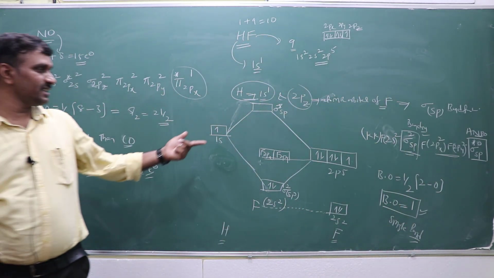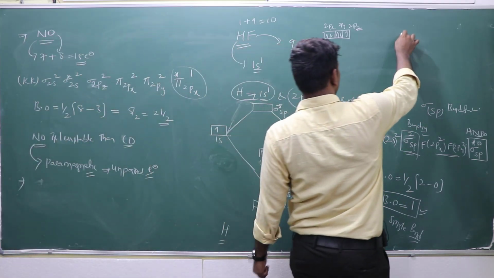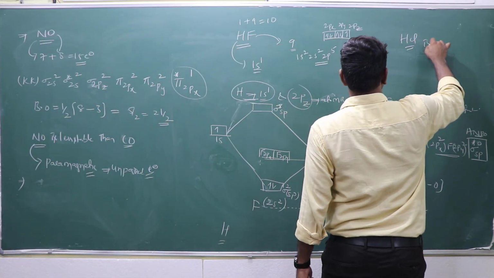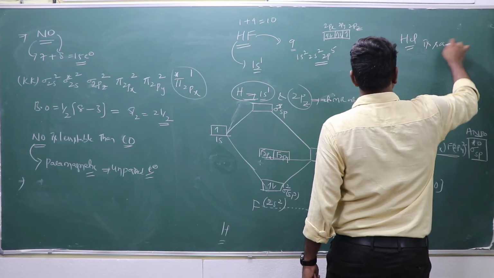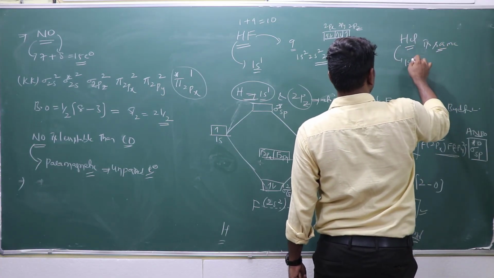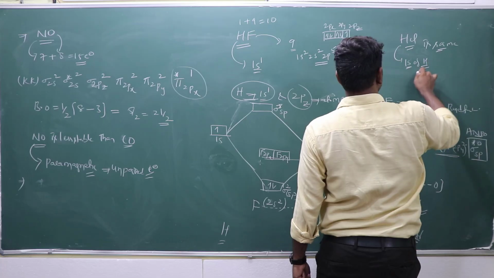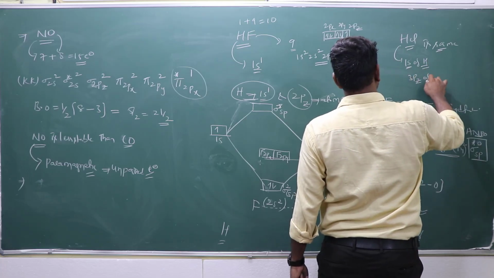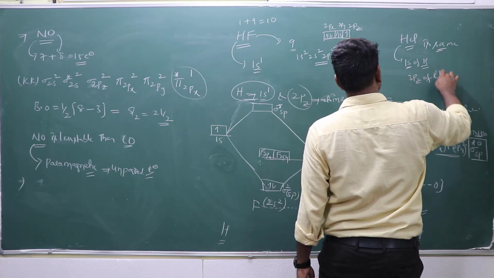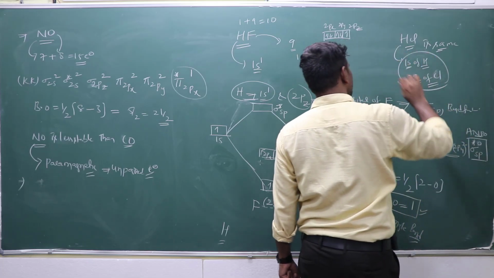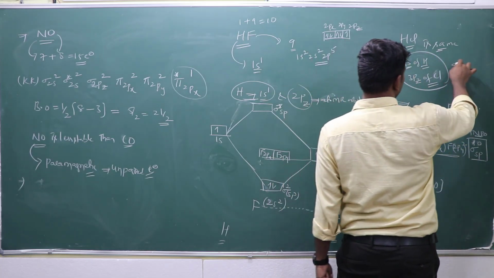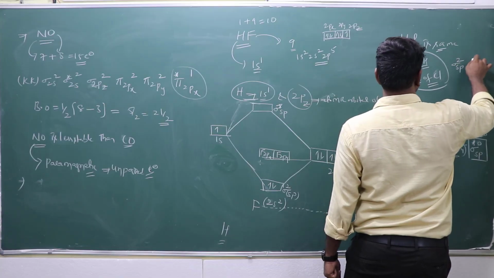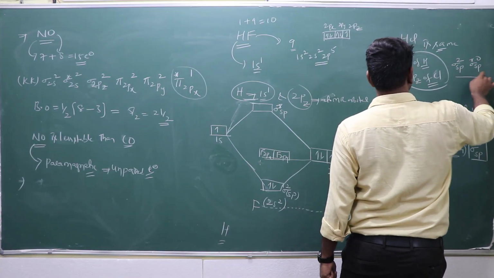Similar is the case for HCl also, but the bond formation takes place between 1s of the hydrogen and 3pz of Cl. So sigma sp2, sigma star sp0.